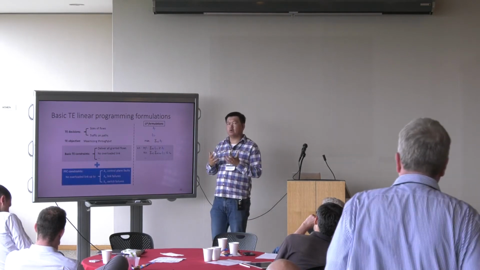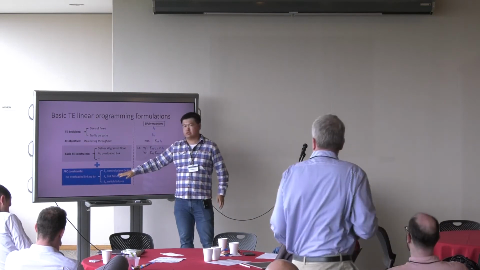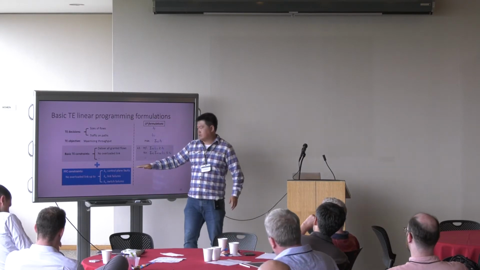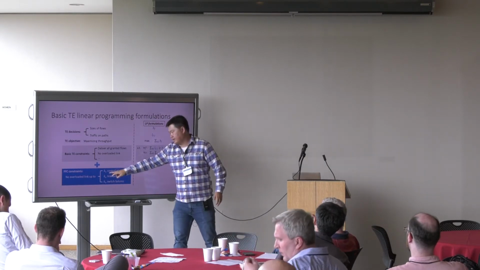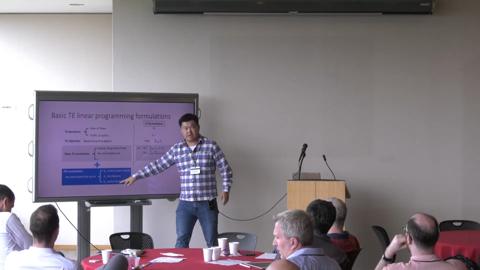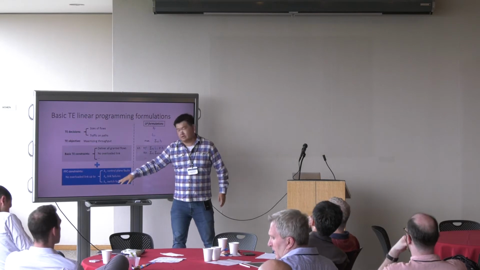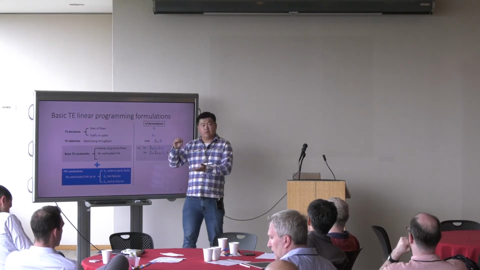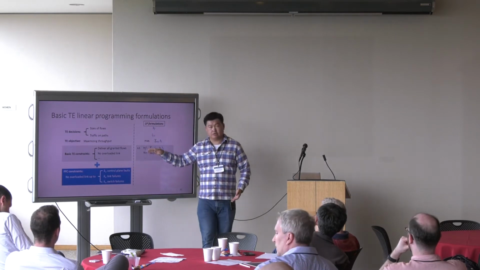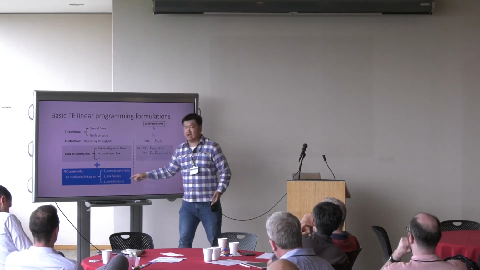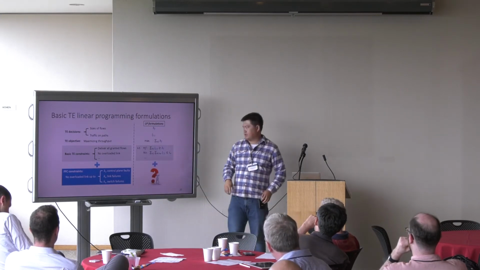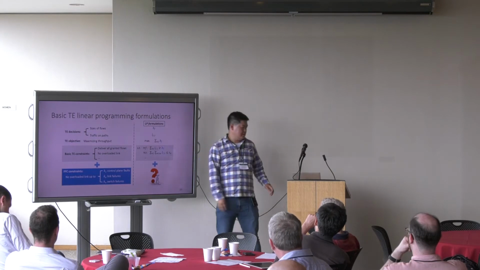We encode this FFC guarantee into what we call FFC constraints. They are also linear constraints, but they require that under k control plane failures, under k link failures, and some switch failures, there's still no congestion. These are the linear programming constraints I will add, and overall this is the FFC TE formulation. Then the first problem is how we encode this, right?